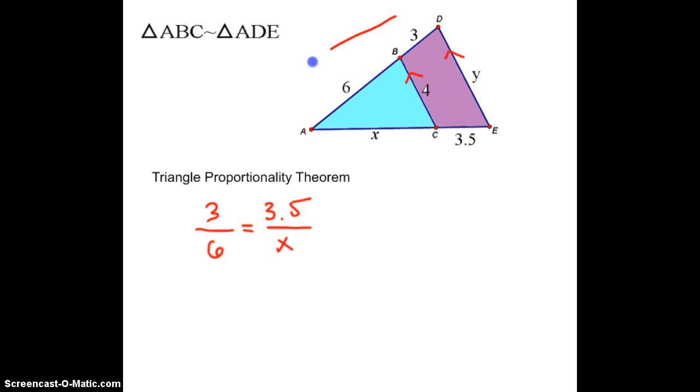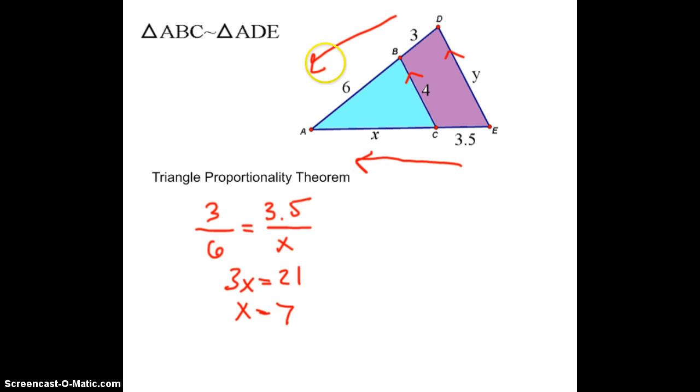We're going to go down the sides of the triangle. 3 goes with 6, and then we could go this way and say 3.5 is to x. So if we cross multiply here, we get 3x equals 21, and we divide by 3 and we get x equals 7, and it's pretty easy to use the triangle proportionality theorem.